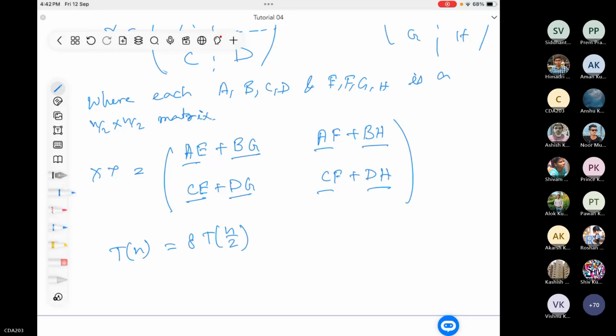Okay. And how many additions are we doing? See, these 4 additions are not primitive additions.